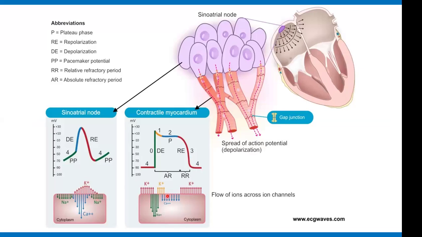Then in the myocardium, we have potassium keeping it at phase 4, sodium at phase 0, potassium phase 1, calcium phase 2, potassium phase 3, and then phase 4, potassium also. So this is the basics of the cardiac action potential.